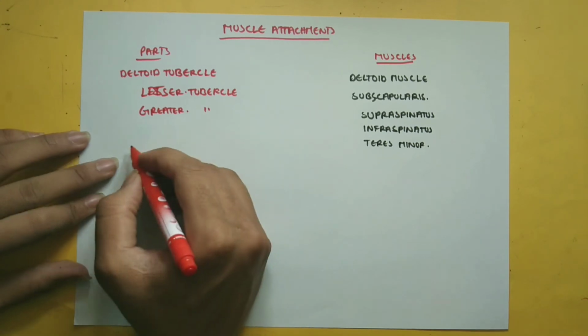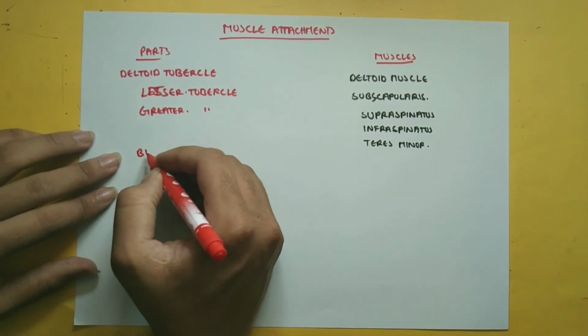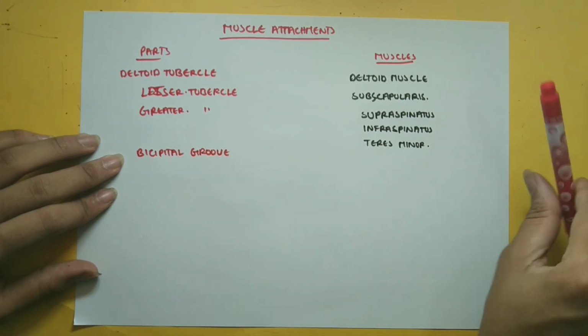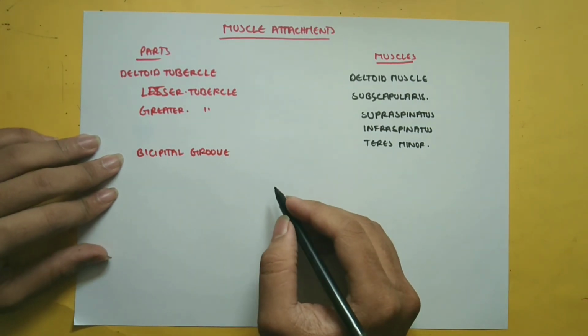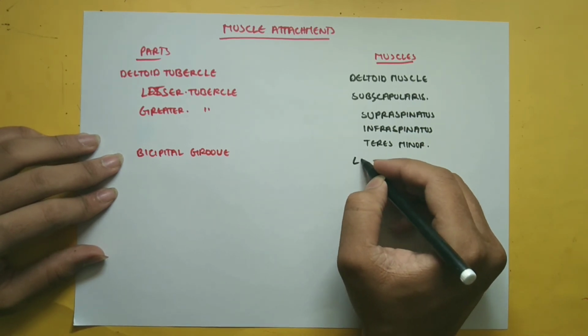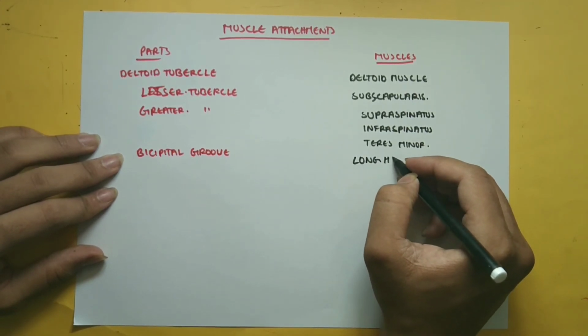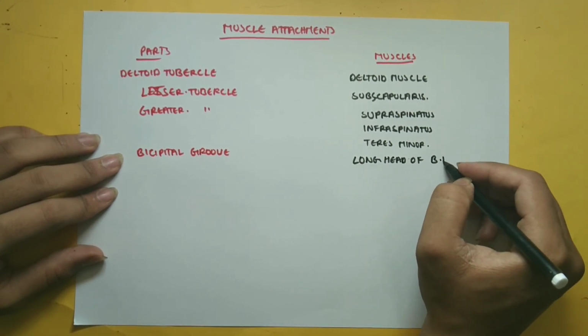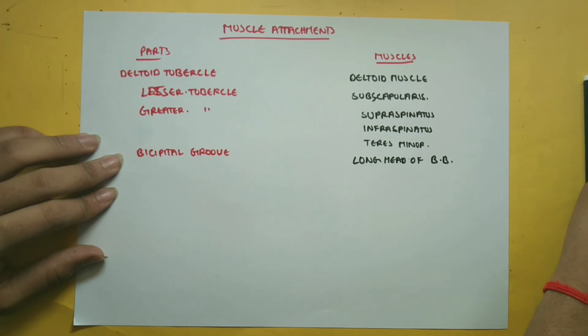Next comes the bicipital groove or intertubercular sulcus. What attaches to the bicipital groove? Long head of BB, biceps brachii.